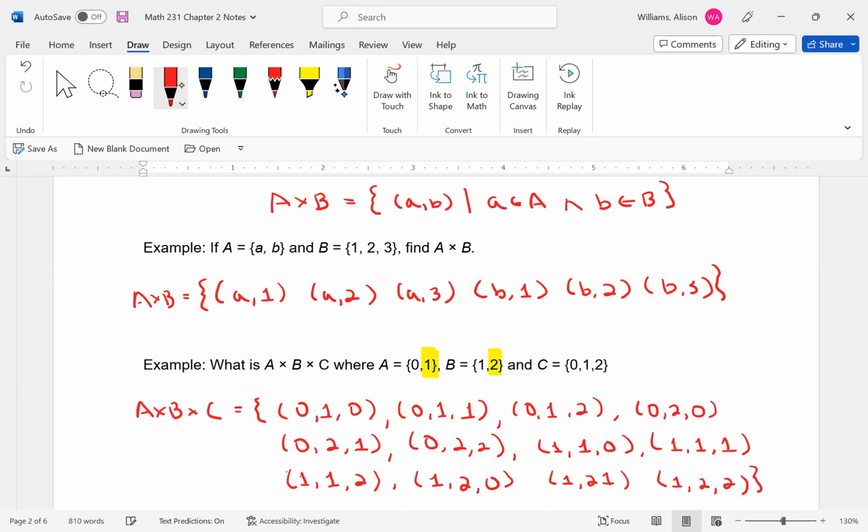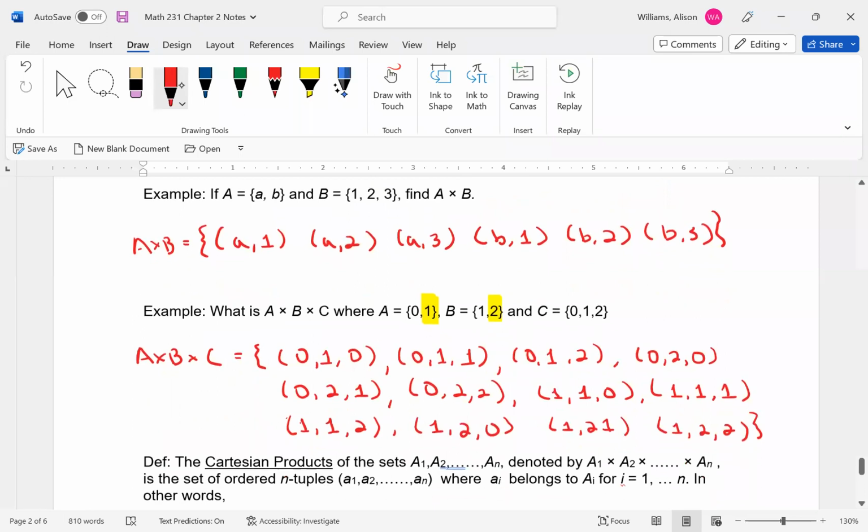And there we go, we got them all listed. That's 12. Yep, I got 12. Just making sure I got them all listed.